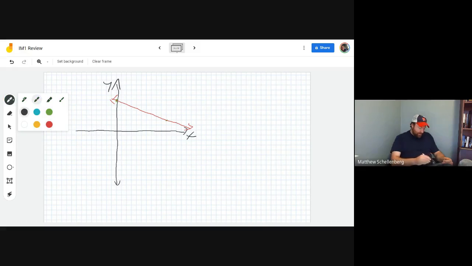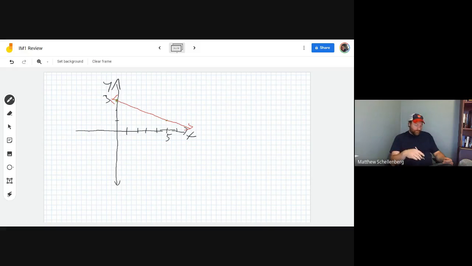And I should probably label some things here. I meant to make this 5. It doesn't look that way, but that's what I meant. This tick mark right here, it's 5. And this one up here, 1, 2, 3. This one's at 3.